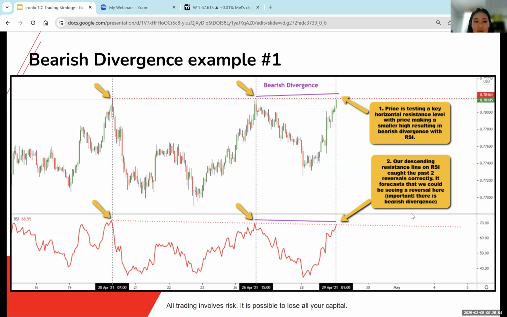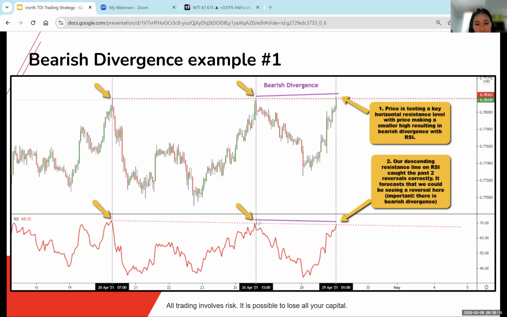For our first example, this is a bearish divergence. We have price testing this key horizontal resistance level, with price making a smaller high, resulting in a bearish divergence with our RSI.